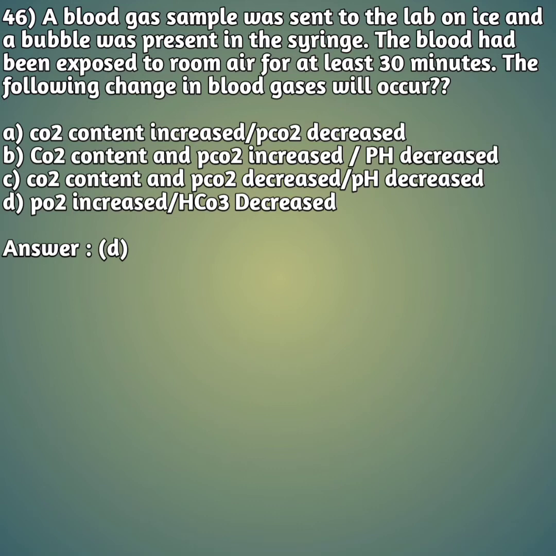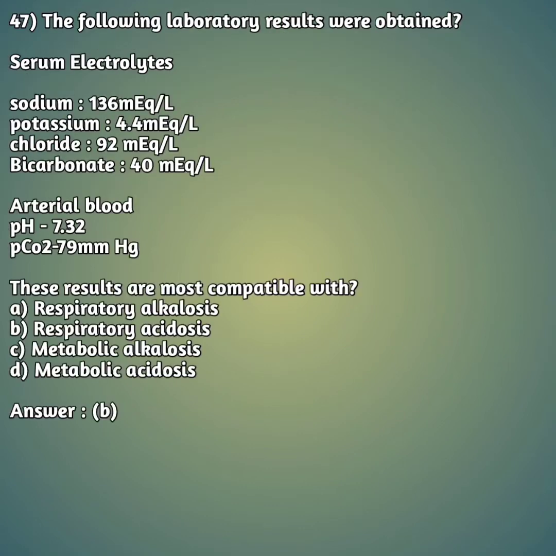Okay, moving on to our 47th question. The following laboratory results were obtained. This is also a kind of case history question type. And here they are asking about the serum electrolyte values. They have given sodium is 136 mEq per L, potassium is 4.4 mEq per L, chloride is 92 mEq per L, and bicarbonate is 40 mEq per L. And they have also given the arterial blood measurements, that is pH is 7.32 and PCO2 is 79 mmHg.